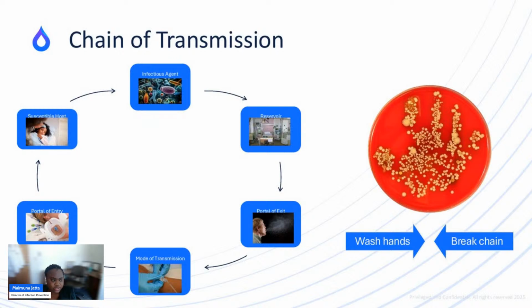So this is how one infectious agent moves from one body, this could be animal, could be human, to the other. And the way that we can break this, the most important, is really hand hygiene, a very effective strategy for breaking the chain of transmission.